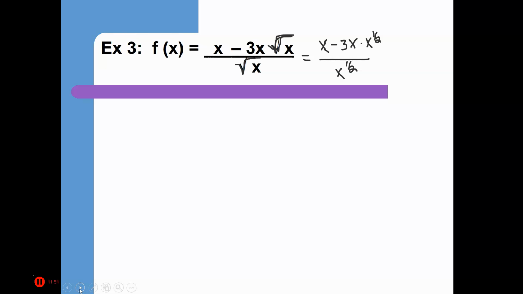So x times x to the 1/2 becomes x to the 3/2. Are we okay with that? Because it's 1 plus 1/2, so you get 3/2.